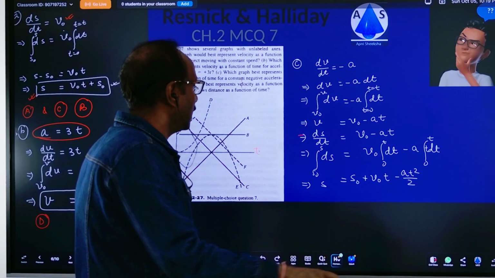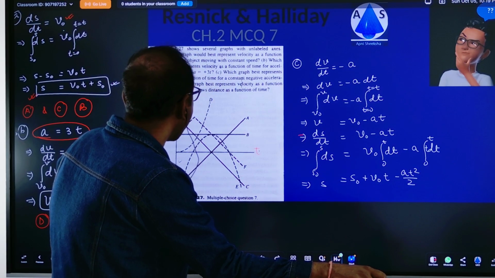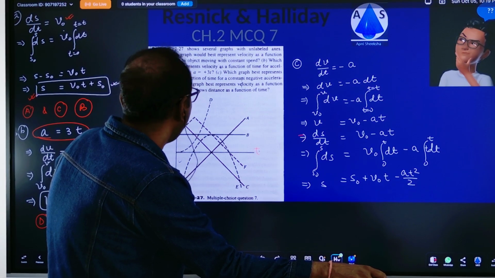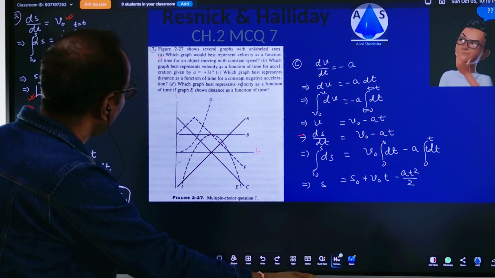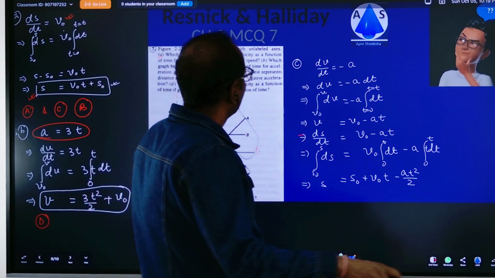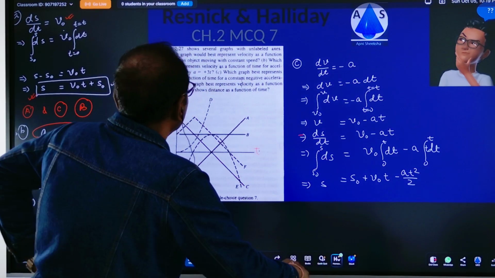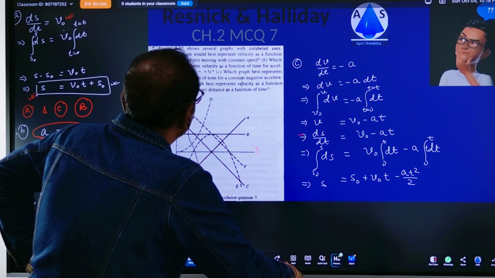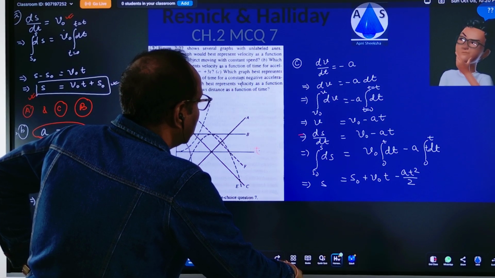So if this is S and this is T, dV by dt is equal to minus A. S naught plus V naught into T minus AT square by 2.